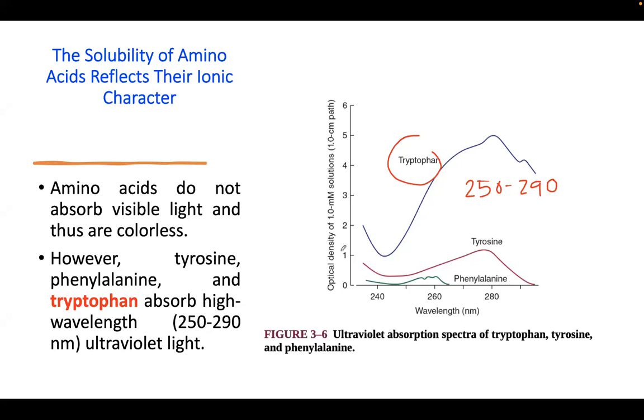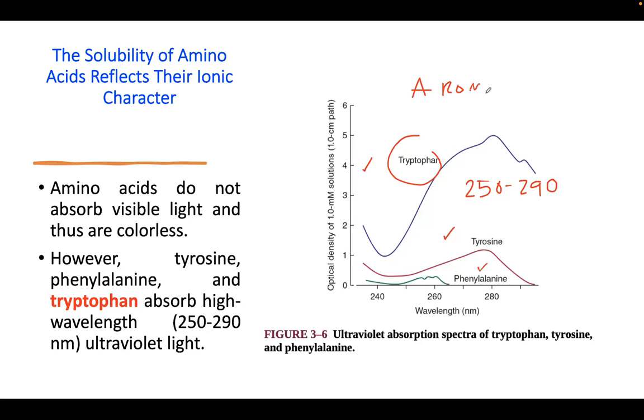Now, I want you to remember tryptophan, tyrosine, and phenylalanine. What is common with these three amino acids, which is responsible for their ability to absorb ultraviolet light? What group or structure do they have? Very good.